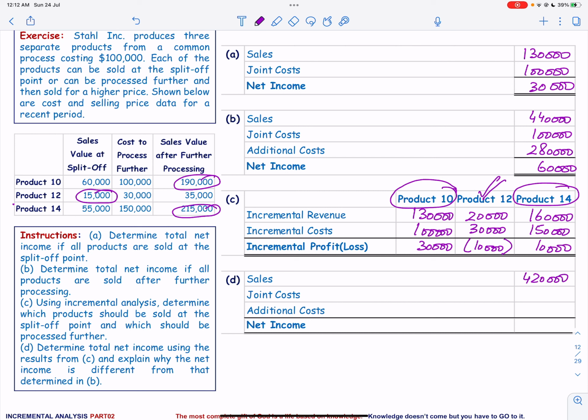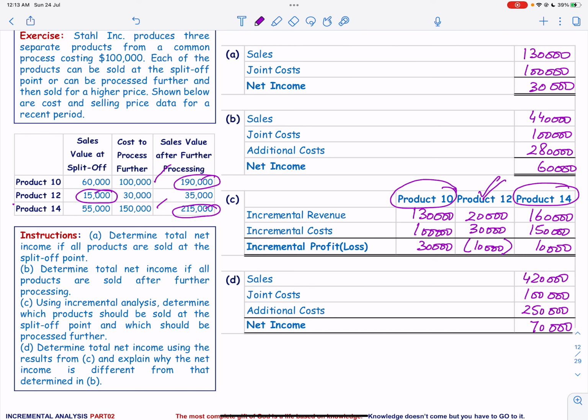The joint cost is already given to us as 100,000, and there will be an additional cost of 100 and 150, that makes 250. So the net income will be 70,000.